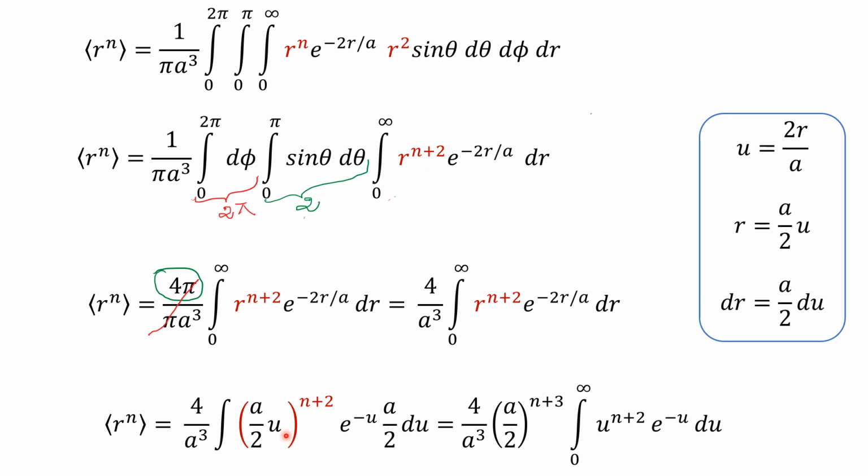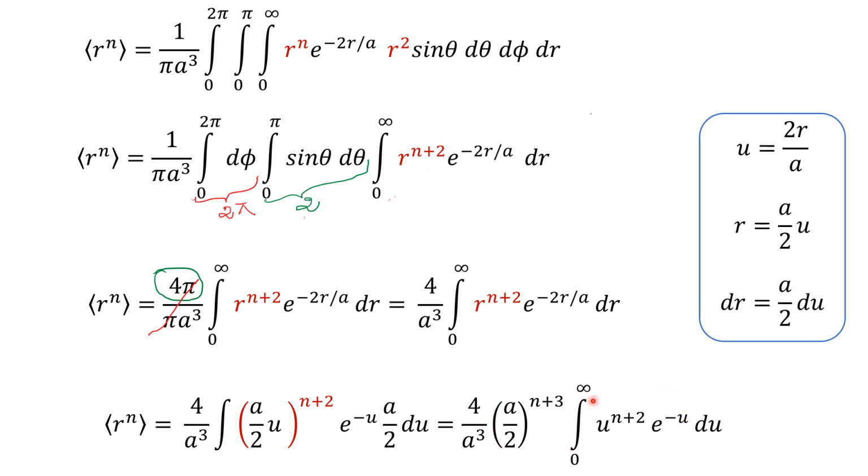The rest of the term is u power n plus 2 and e power minus u du. When r equals 0, u is also 0. When r equals infinity, u is also infinity. So there is no change in the limits.